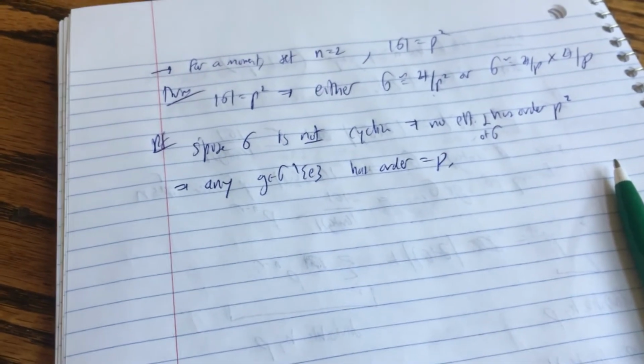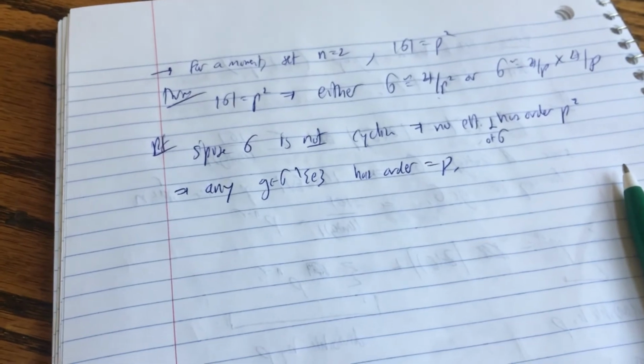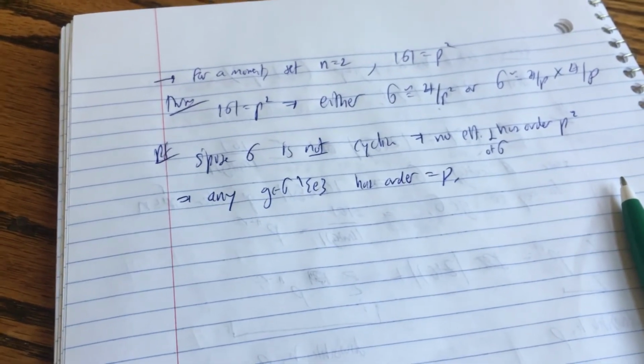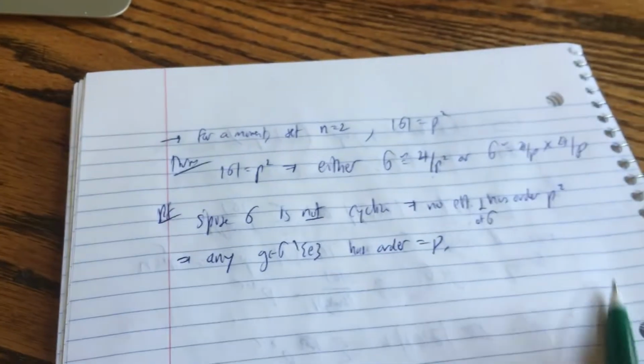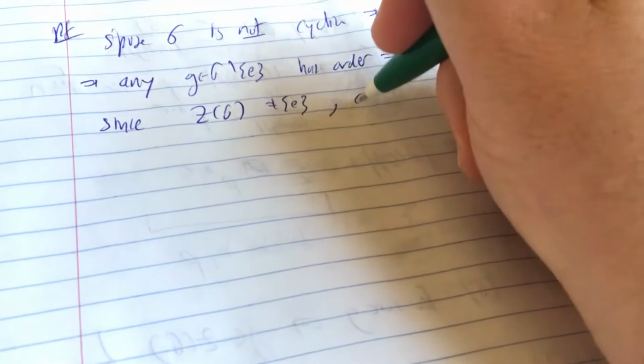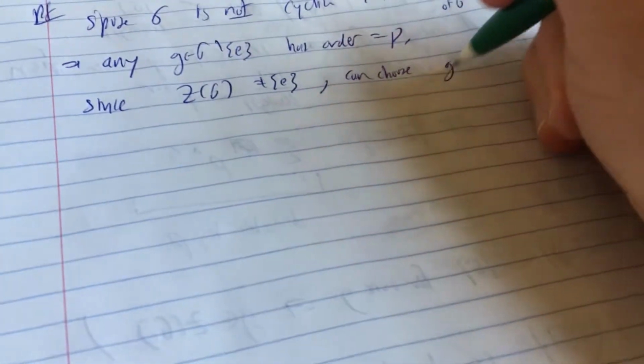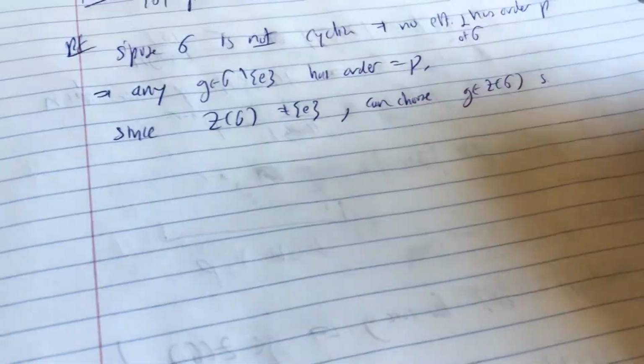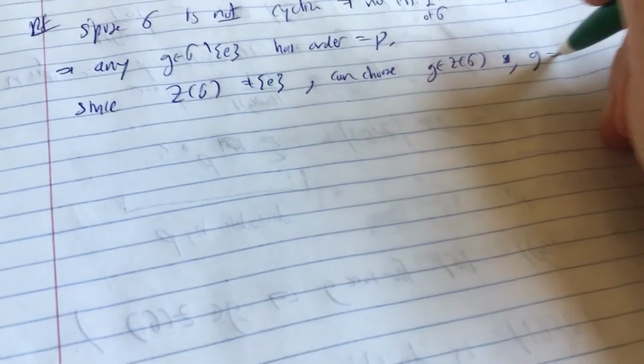Now, the previous lemma, or proposition, or whatever we called it, says that the center of G has non-identity elements. So since the center of G is not equal to {e}, it contains elements not just the identity, we can choose g in the center of G, g not equal to e, and therefore the order of g is exactly little p.